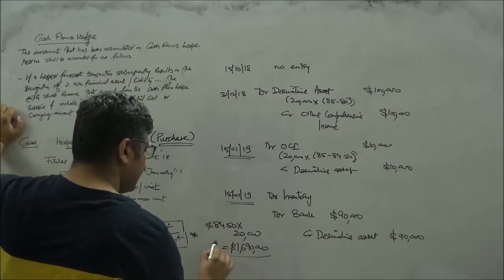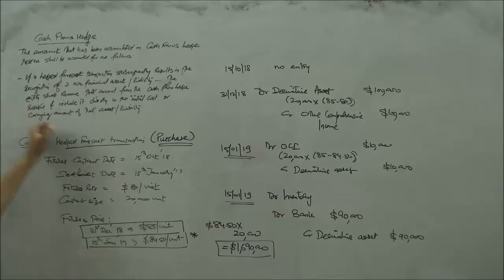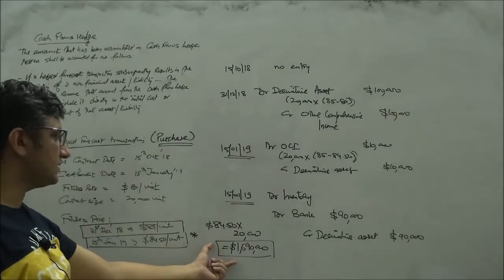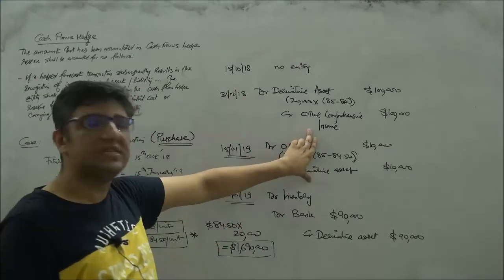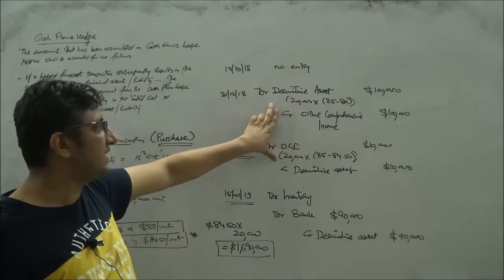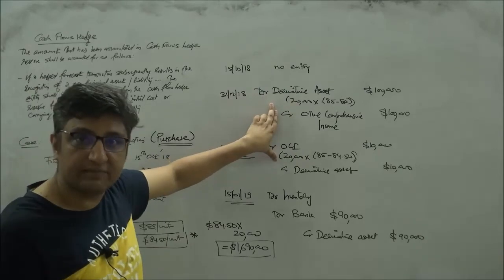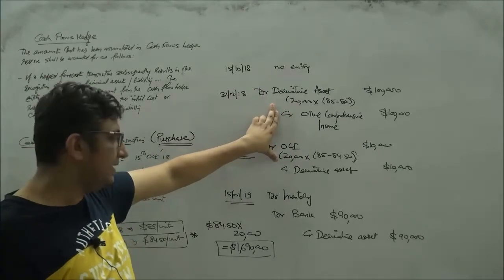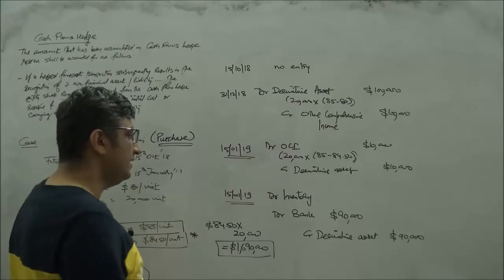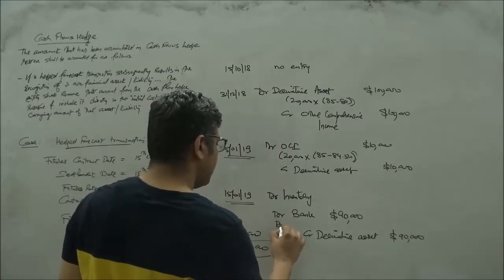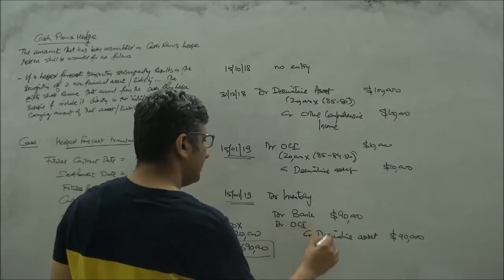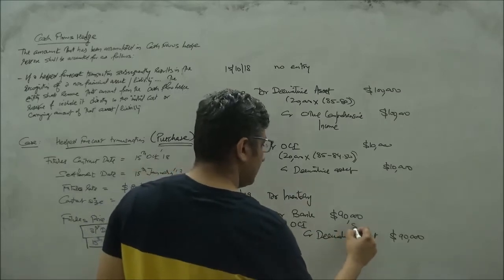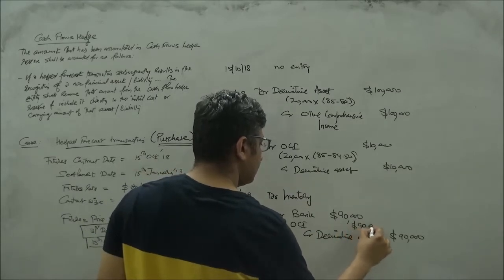That's the cost of inventory. But against this cost, there is an OCI gain to the extent of 90,000 sitting in my books. So we first bring that OCI gain as a reversal.